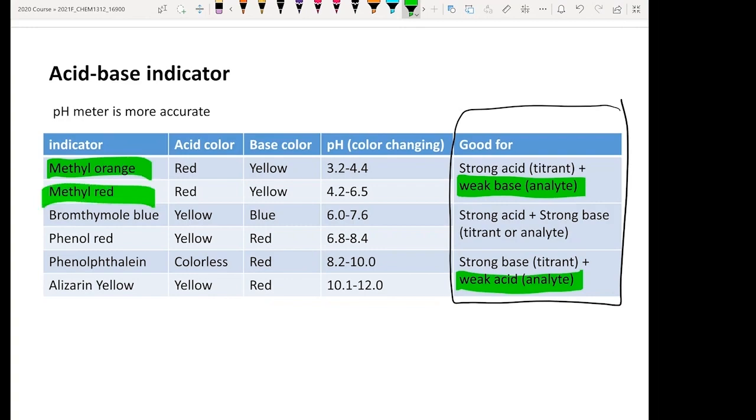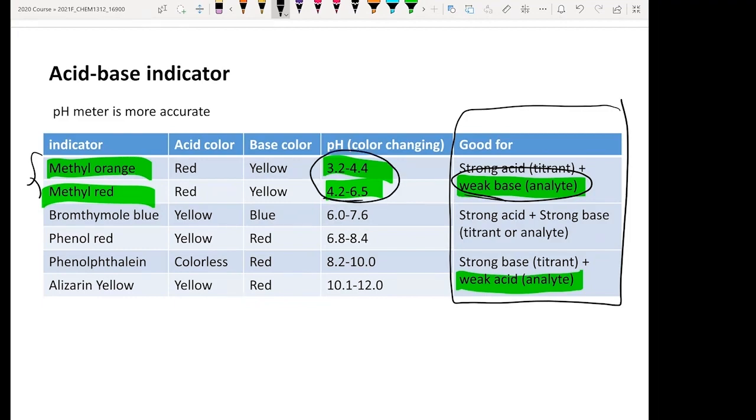And it's good for a certain pH range. You don't need to know about the pH range for now. Focus on this. If you have a weak base as your analyte, these 2 are the indicators you are going to use, because they change color when you reach your equivalence point.